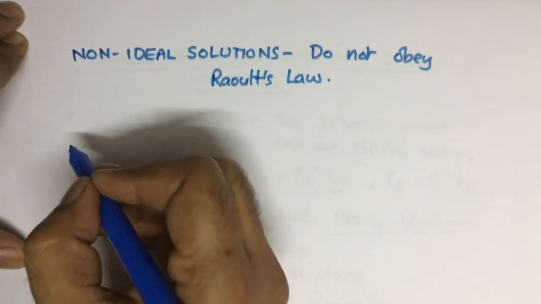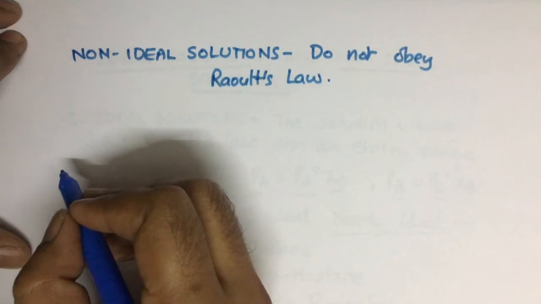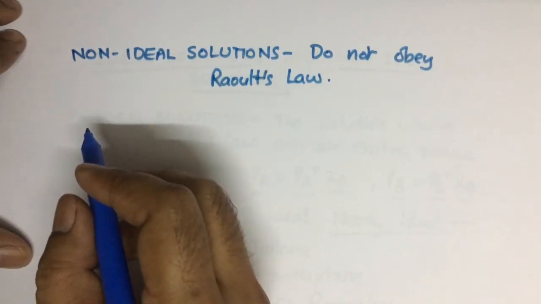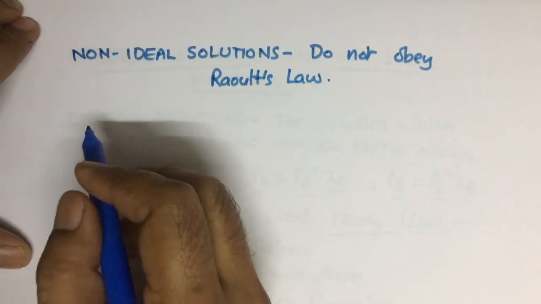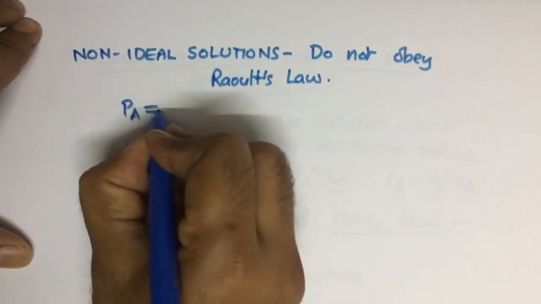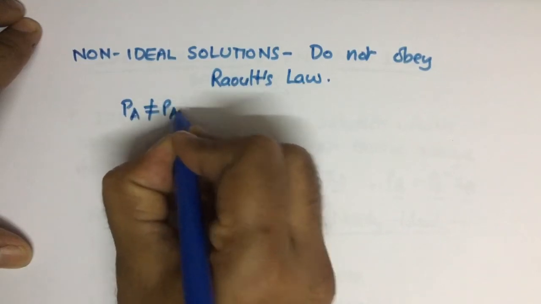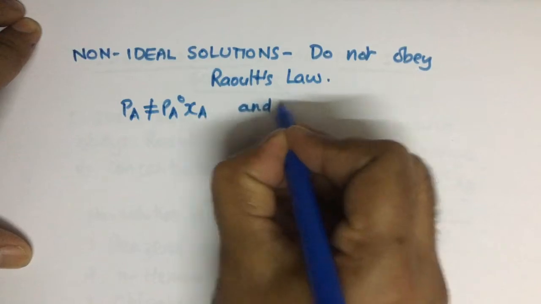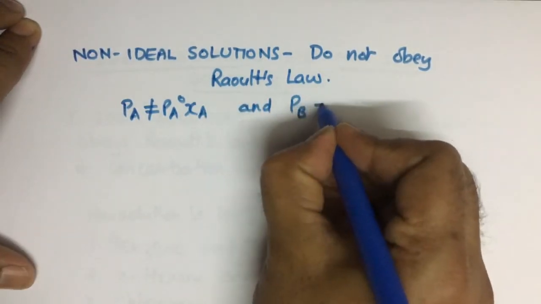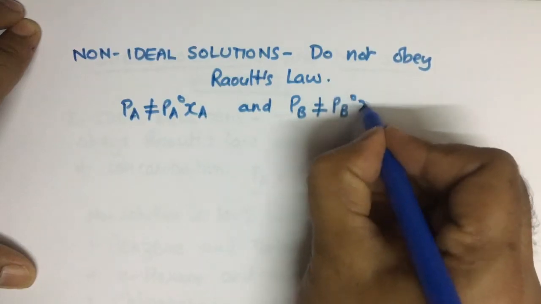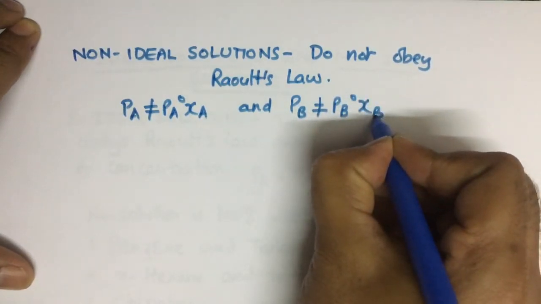The solutions which do not obey Raoult's law over entire range of concentrations are called as non-ideal solutions. For such solutions, Pa is not equal to Pa naught Xa and Pb is not equal to Pb naught Xb.